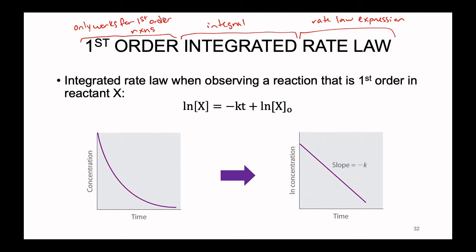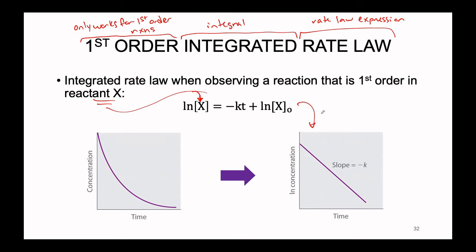reactions. In other words, if the decomposition of your reactant is first order as a function of time, if you have this type of curve, by taking your concentrations and inserting them into the natural log of the concentration of X, where X is your reactant, and setting this equal to the negative rate constant times t plus the natural log of your initial concentration, you will find a straight line.